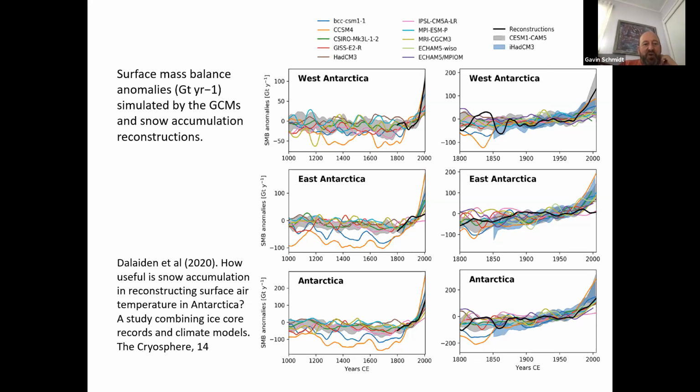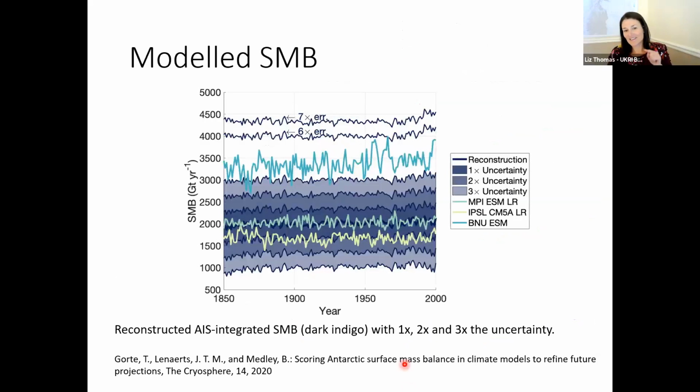The CMIP6 models, I know it keeps on changing and we keep updating. One of the points from the work that Tess has just done, looking at the CMIP6, was that there isn't a significant difference between.